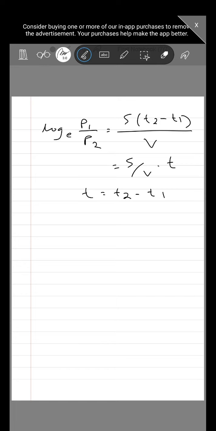So we can write P1 by P2 as equal to exponential minus S by V into T.